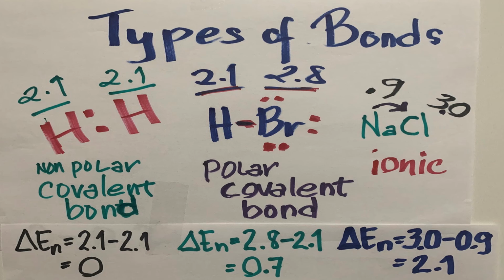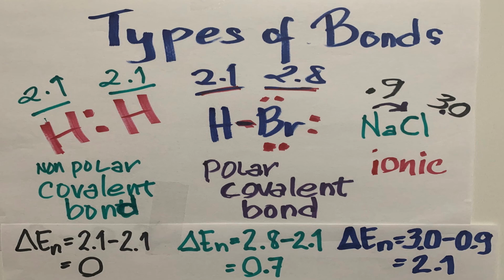Remember, the range of polar covalent bond is between 0.5 to 2.0, right? Now, ionic: sodium is 0.9, chlorine is 3.0, the electronegativity difference is 2.1. 3.0 minus 0.9 is 2.1.